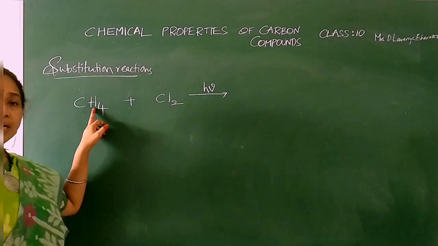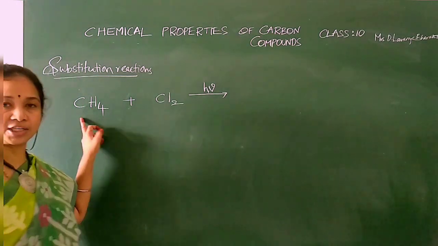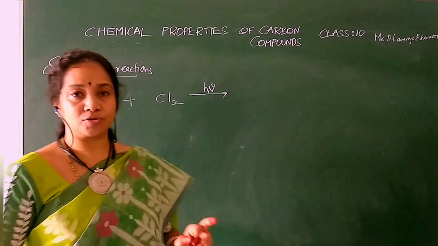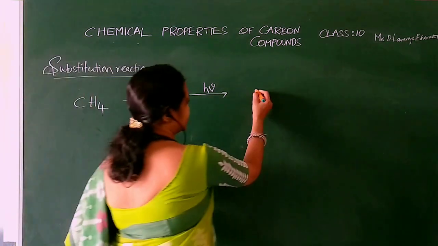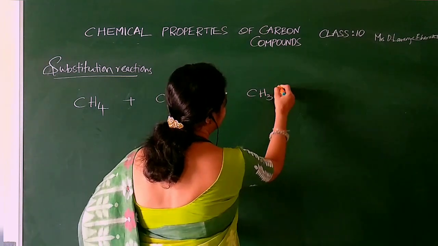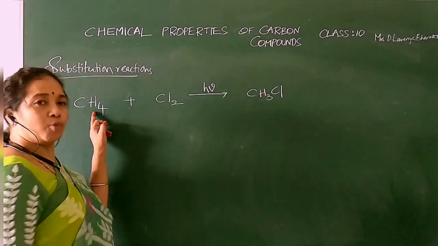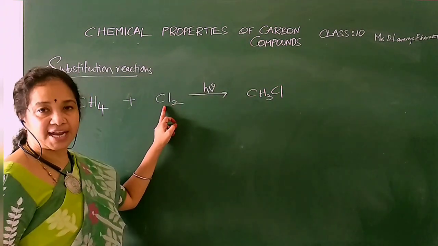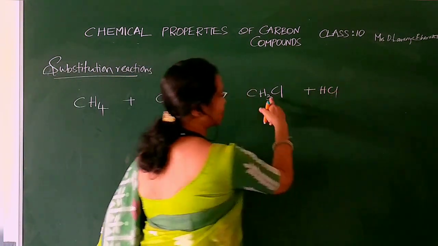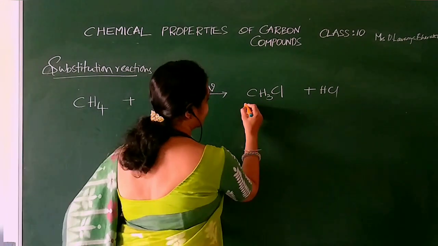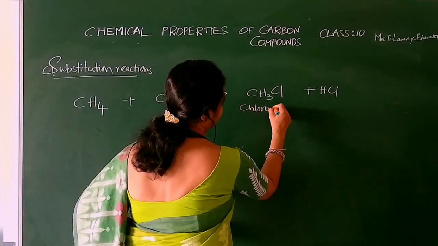Here there are four hydrogens connected to carbon. One of the hydrogens is replaced or substituted by a chlorine atom to give CH3Cl, and the removed hydrogen and another chlorine atom come out in the form of HCl. The IUPAC name of this compound is chloromethane.